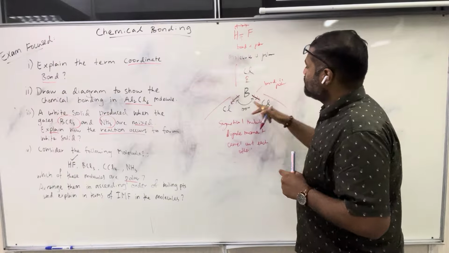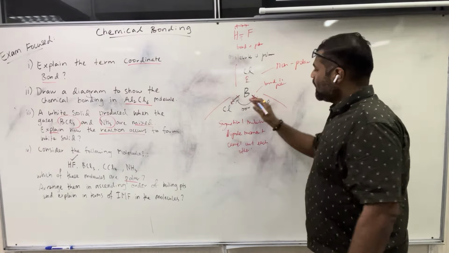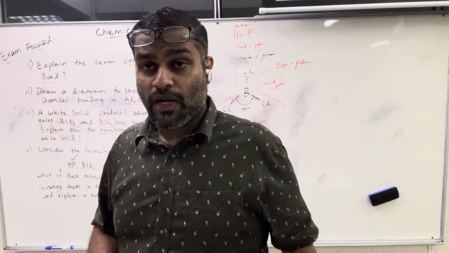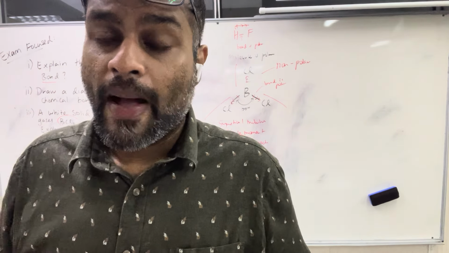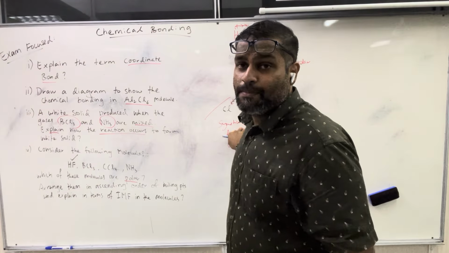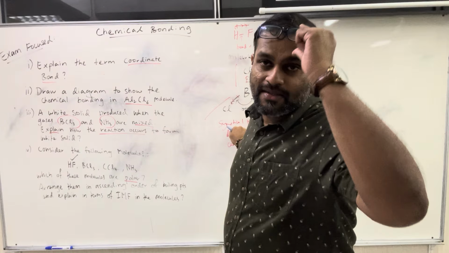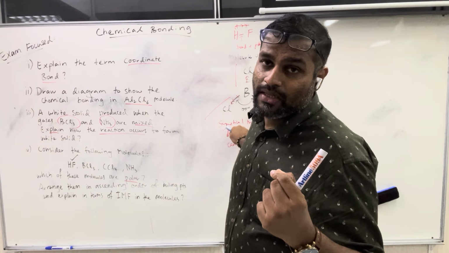That makes the entire molecule non-polar. So if you ask whether boron trichloride is a polar molecule, no, it is a non-polar molecule, but the bond is polar. You have to explain using symmetry: the molecule is symmetrical, whereby the dipole moments cancel out each other.